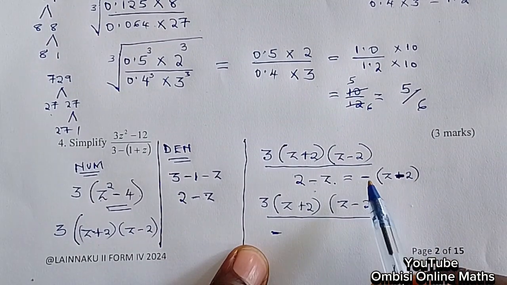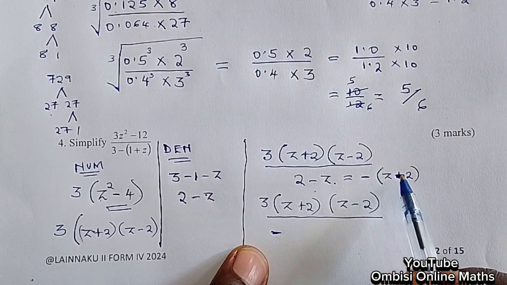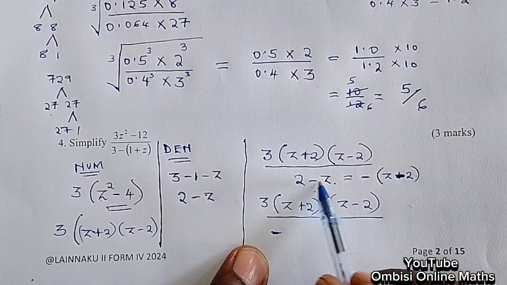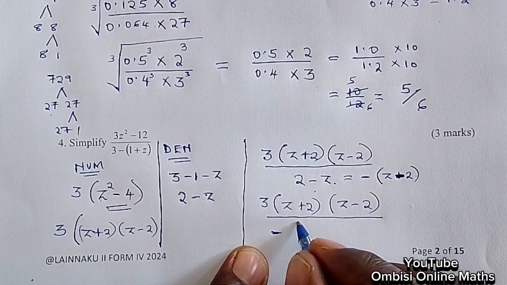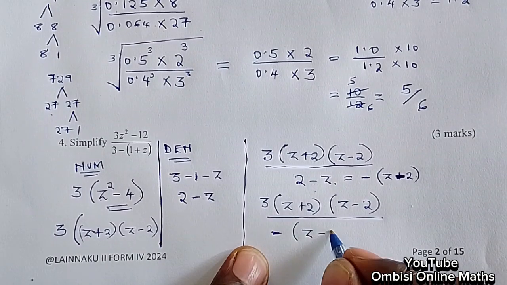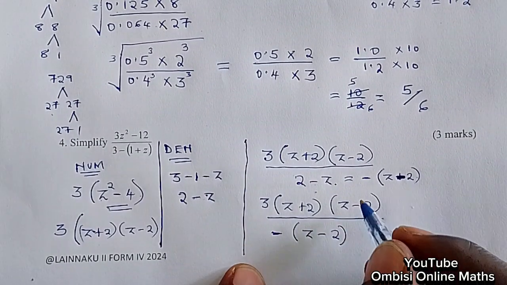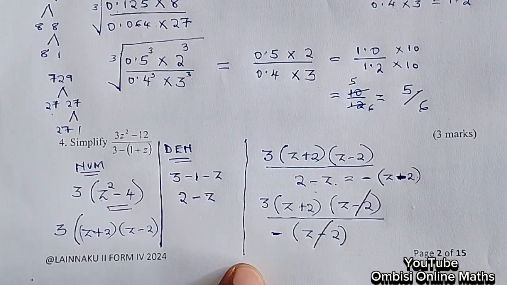So that when you open up, it is minus z, positive 2. So this one gives us minus into bracket z minus 2. So we have z minus 2 here, z minus 2 here.